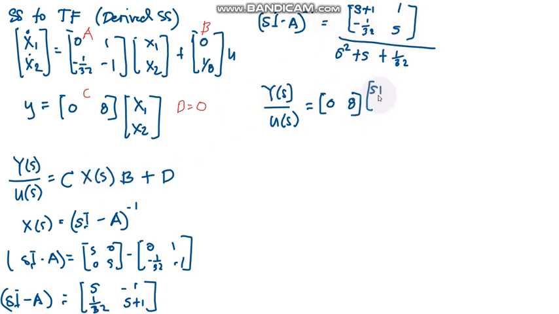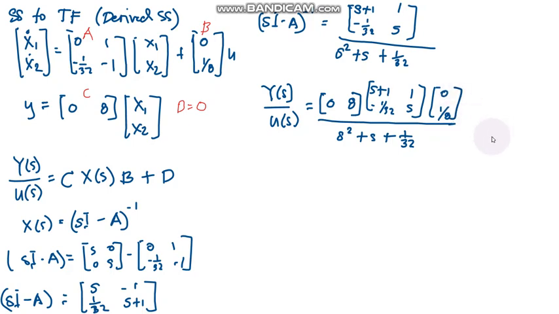So that will be s plus 1, 1, negative 1 over 32, and s, all over s squared plus s plus 1 over 32. Multiply here the matrix B, which is 0 and 1. Now, note here that D is 0, so supposedly we still have here plus D, but it's 0. So we only have this term.